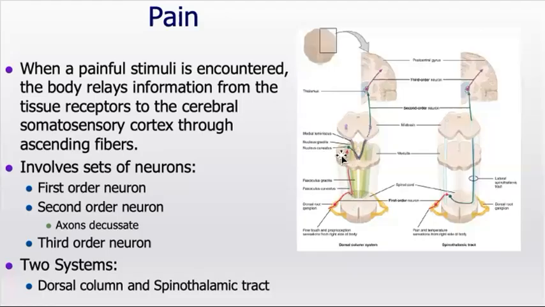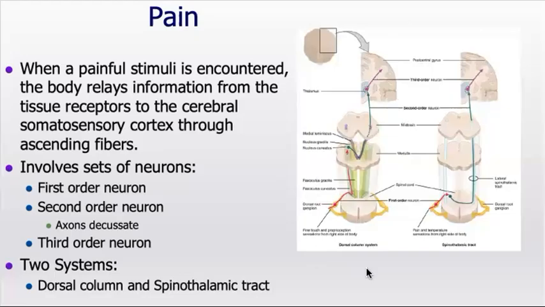In the medulla, it will synapse with that second order neuron. At this point, that second order neuron will cross at the level of the medulla, and it will ascend to the thalamus and then send the information to the somatosensory cortex through that third order neuron.